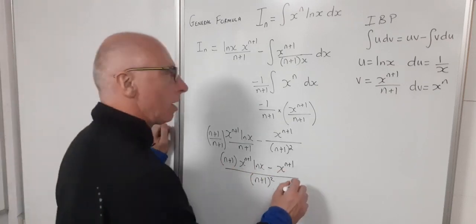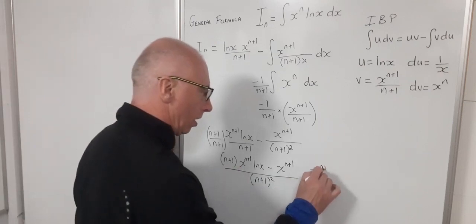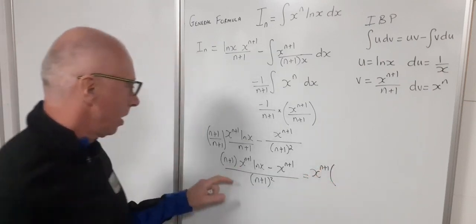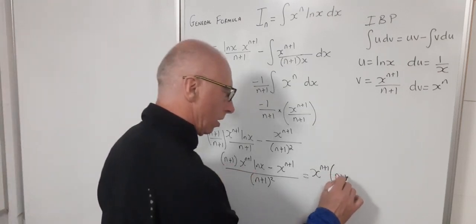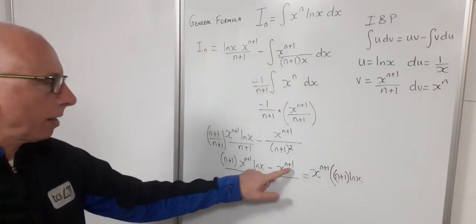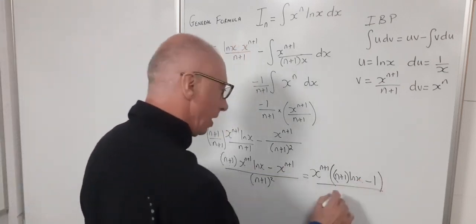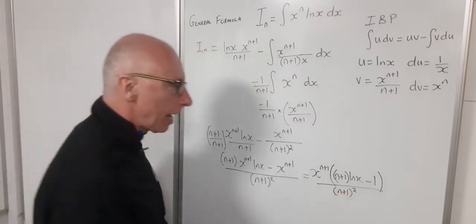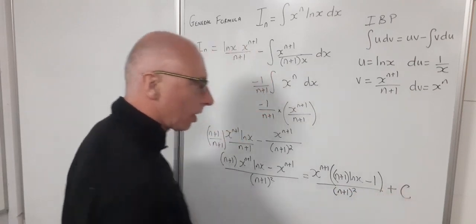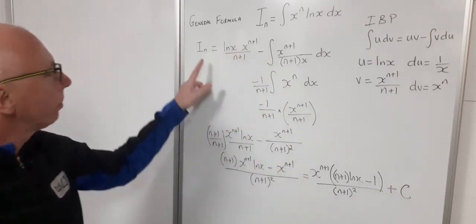So I've got x to the n plus 1 out the front, and then I've got n plus 1 times natural log of x in a bracket, and then minus 1, and that's all over n plus 1 squared. Okay, so now I can add a plus c, my constant of integration. So now that's my general result for I of n.